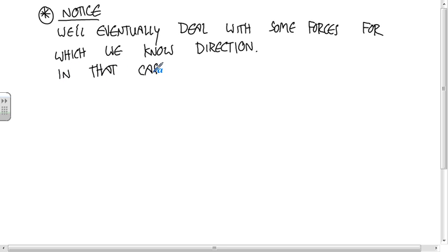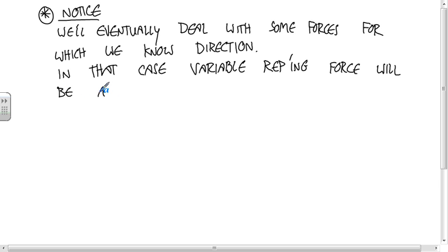In that case, the variable representing the force will be a scalar. It won't be a vector, and it's a little confusing right now to make sense out of it, but even though all forces are vectors, we'll sometimes represent forces by a scalar and a known direction. And when we do that, you can't use the subscript notation for those variables.